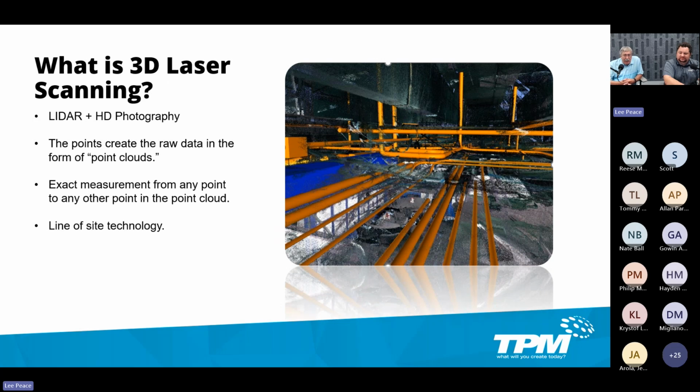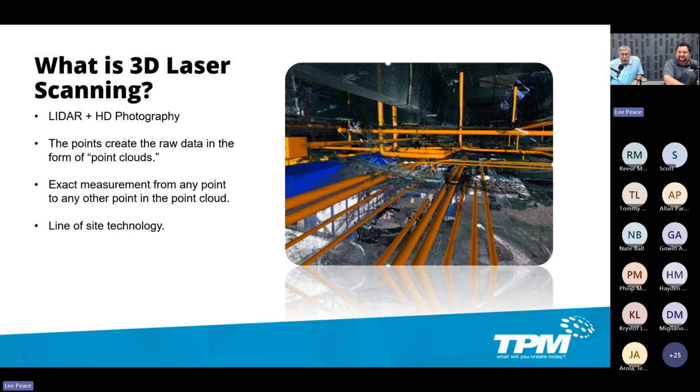So let's talk about terrestrial-based 3D laser scanning. What really is it? It's LiDAR plus HD photography. When we're running a scan, it's capturing millions of points a second, and each of those little dots is part of the point cloud.